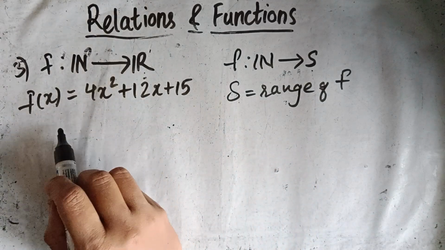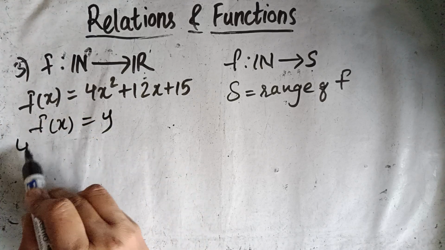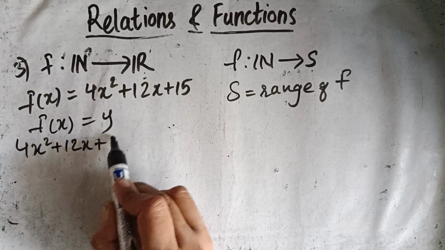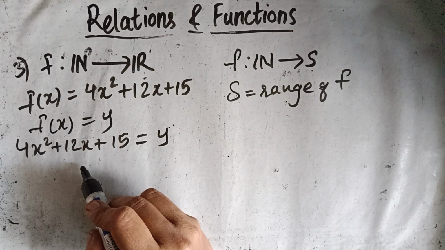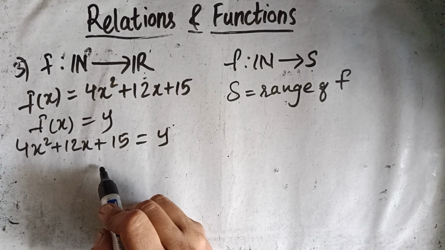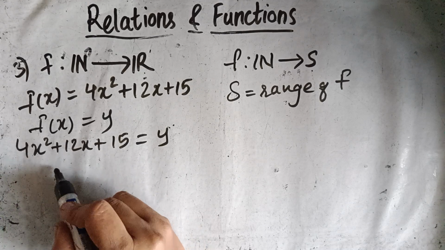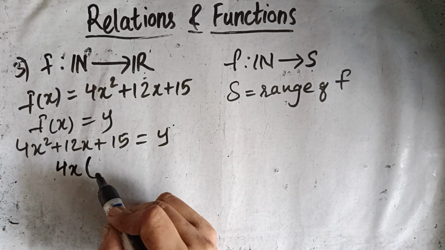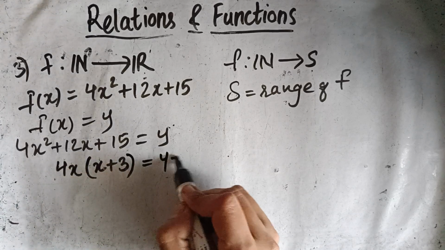So I'll take f of x is equal to some y. 4x square plus 12x plus 15 is equal to y. So we can write this as 4x square plus 12x is equal to y minus 15.